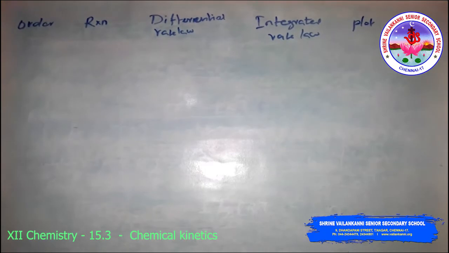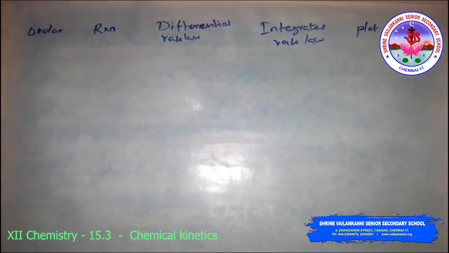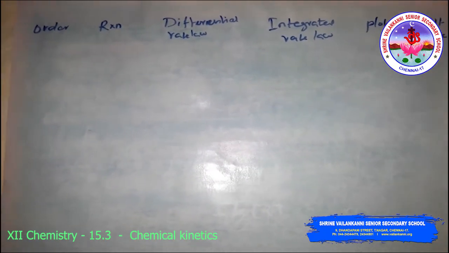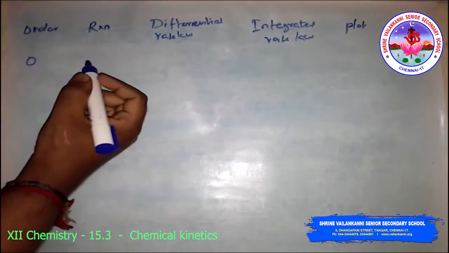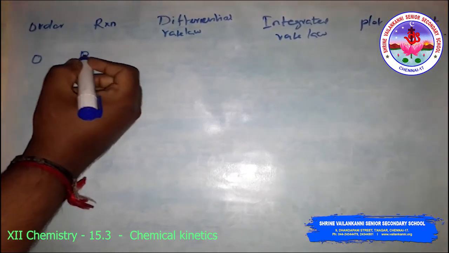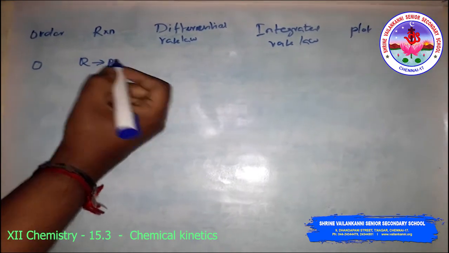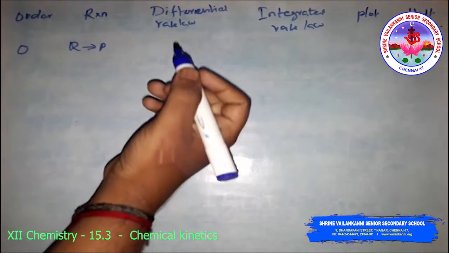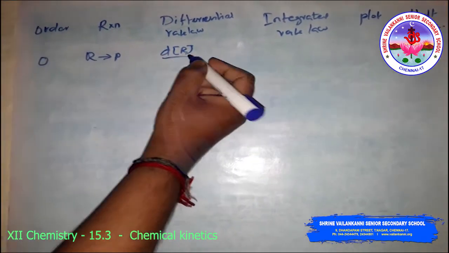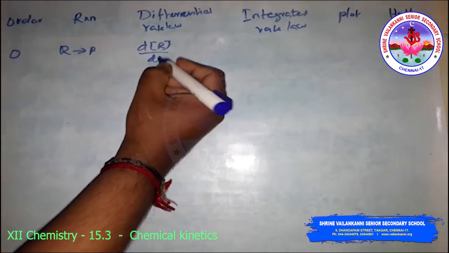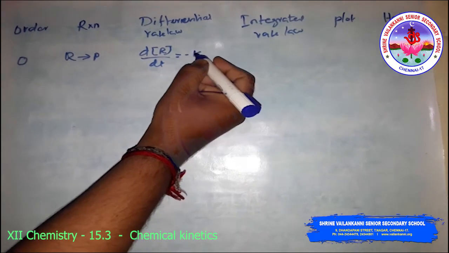Integrated rate law for the reaction of zero order and first order, that is the summarization. First, the order is 0, and the reaction type is reactant gives product. The differential rate law is d[R]/dt is equal to minus k.